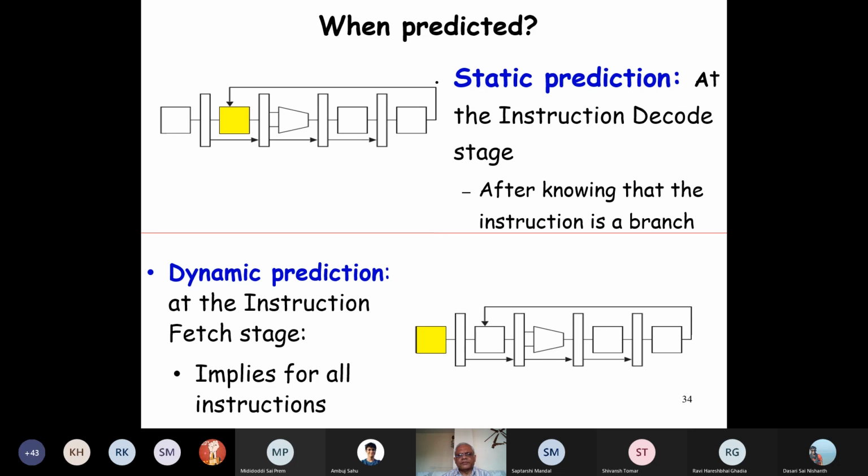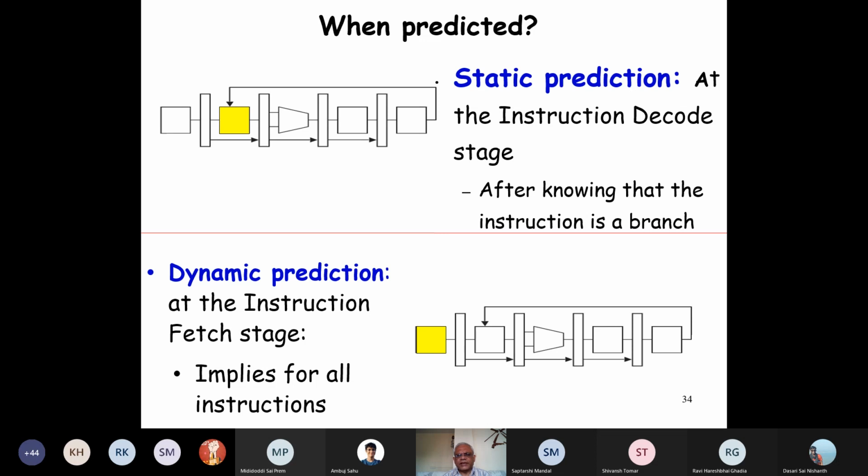So by the time we predict, one instruction may have already been fetched, because for MIPS it is 2 instructions, and even if we predict in the second stage, we are still not doing very well, because in any case one instruction would have already been fetched, so we might have to flush or something. But look at this dynamic prediction. Here we just predict based on the instruction, that is, the program counter.